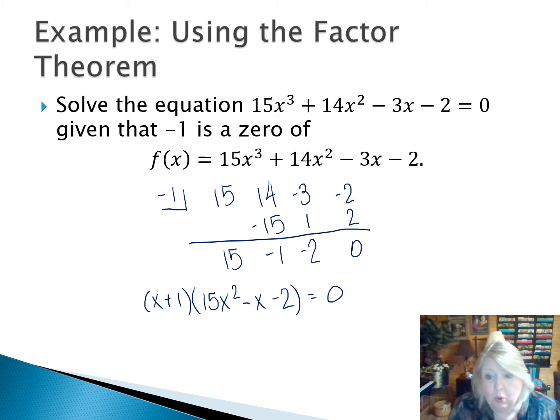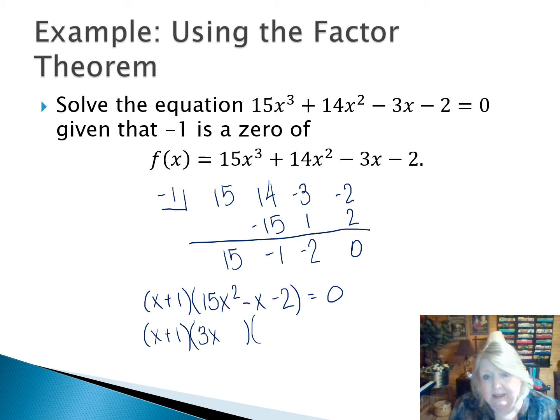Now I'm down to a quadratic, and we've gotten pretty good at quadratics by this point. So I want to factor 15x squared minus x minus 2. So 15 times 2 is 30. I need factors of 30 that give me a difference of 1. I think that's 5 and 6.